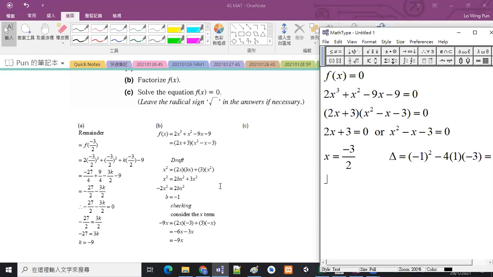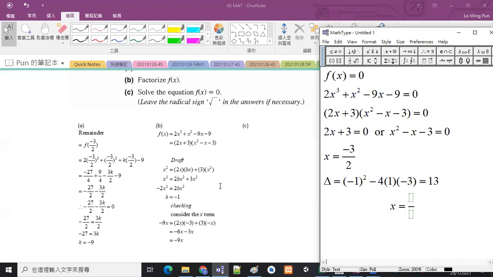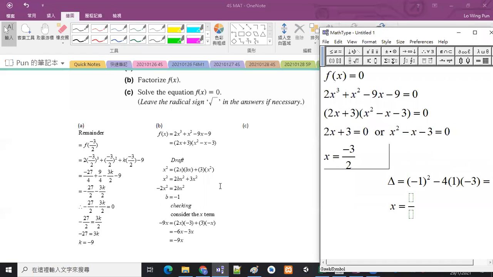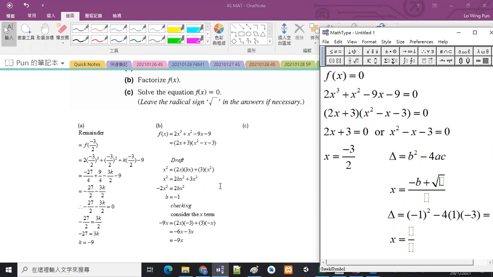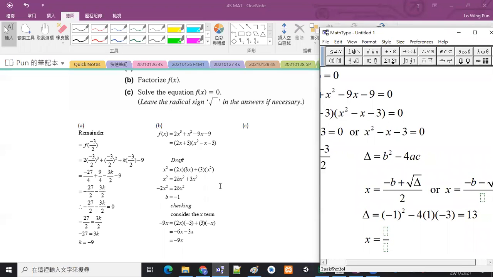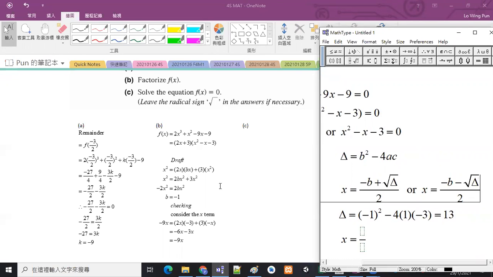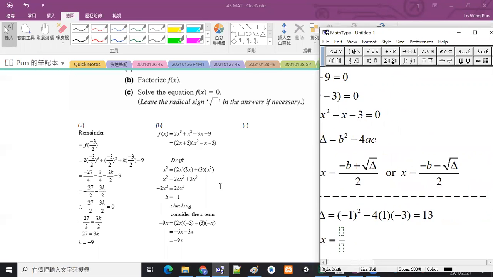And then the x will be equal to, let me write the formula again. Delta is equal to b square minus 4ac, and then x will be equal to negative b plus square root delta over 2a, or x is equal to negative b minus square root delta over 2a. Okay, so this is the formula.